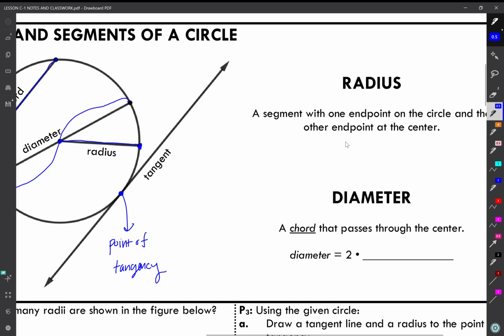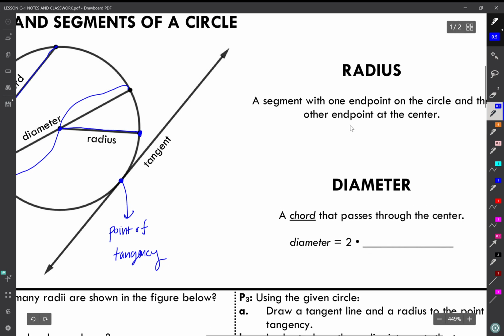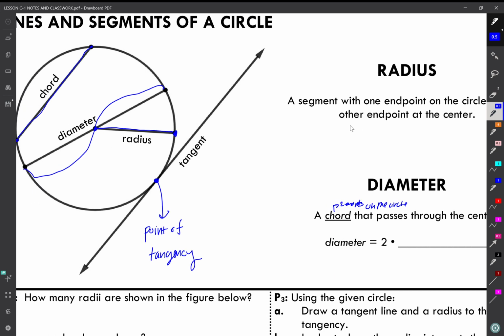All right, and leading into our last one from radius, we talk about a diameter. It's a chord, so we know that 2 endpoints will be on the circle. It's written pretty terribly, but forgive me for that. So a chord that passes through the center. So it's just a special type of chord. If you look over here, this diameter, of course, is a chord.